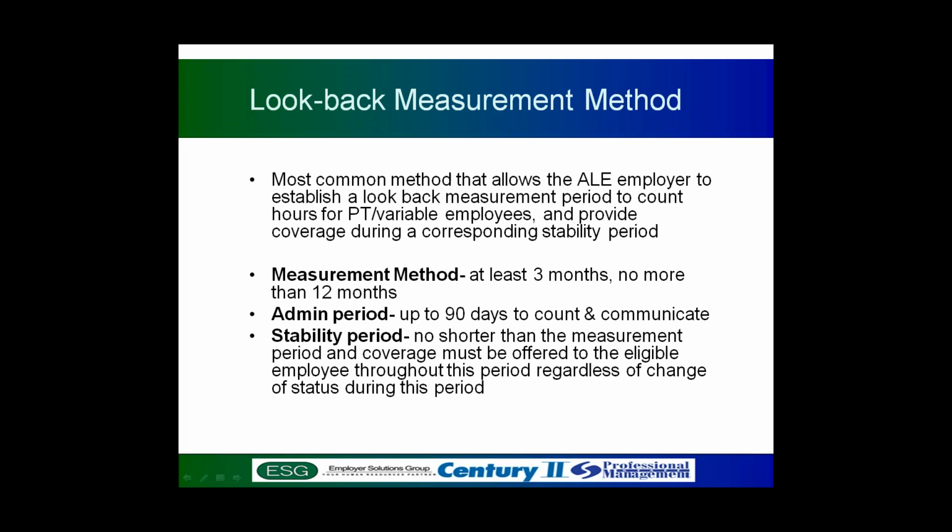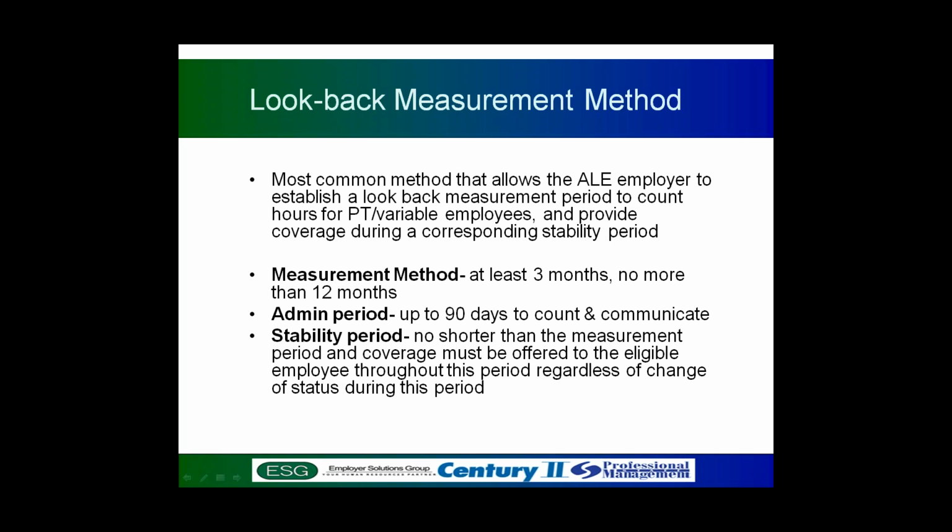Essentially, you look back during that period of time, and if you deem that that employee worked on average 30-plus hours a week, you then, for that same 12-month, in this example, period of time, have to offer coverage to that part-time individual, irrespective of whether or not during that stability 12-month period the employee's schedule maybe changes and maybe they suddenly drop to 25 hours.